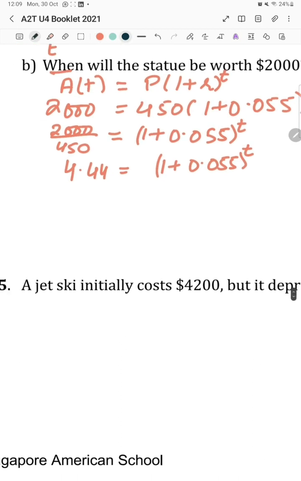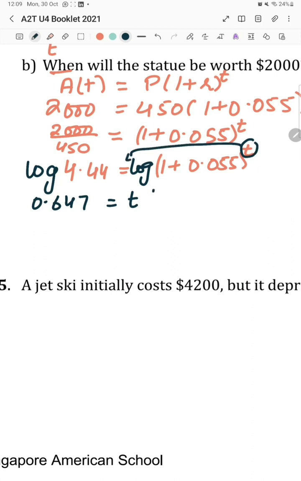Taking log on both sides, we will get log 4.44, which would be 0.647, equal to t. This t is going to come to the start: t times log of 1 plus 0.055, which is 1.055.